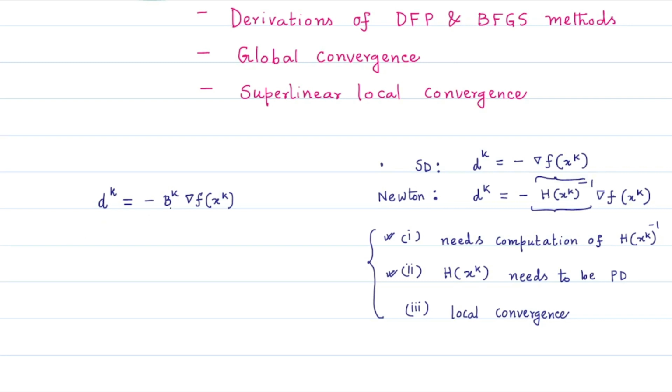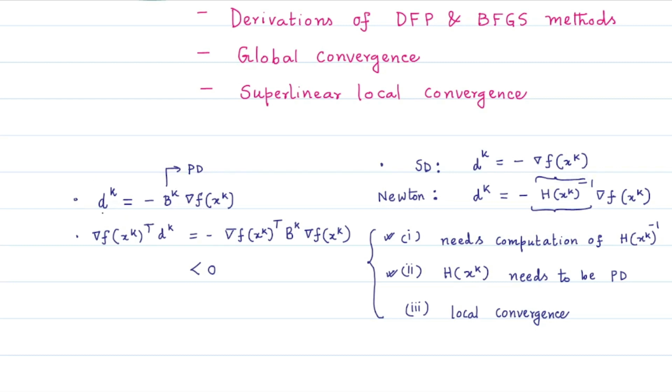We notice that if we take this Bk a positive definite matrix, then this dk is certainly a descent direction of the function f, because if you compute the gradient transpose dk, you will find that it is given by negative gradient transpose Bk gradient of f at xk, which is a negative quantity, and therefore if Bk is positive definite, then this dk is a descent direction of the function f.